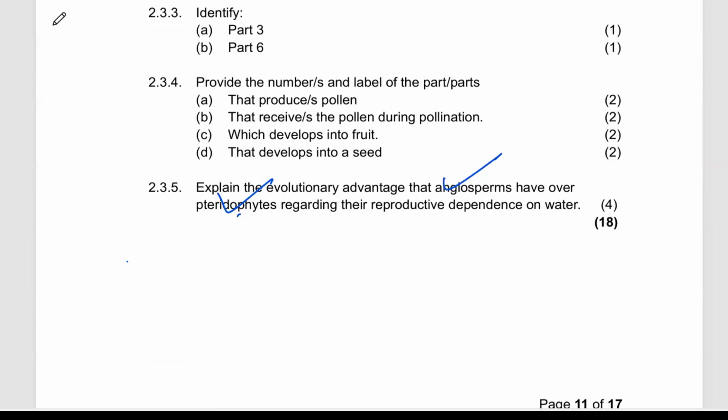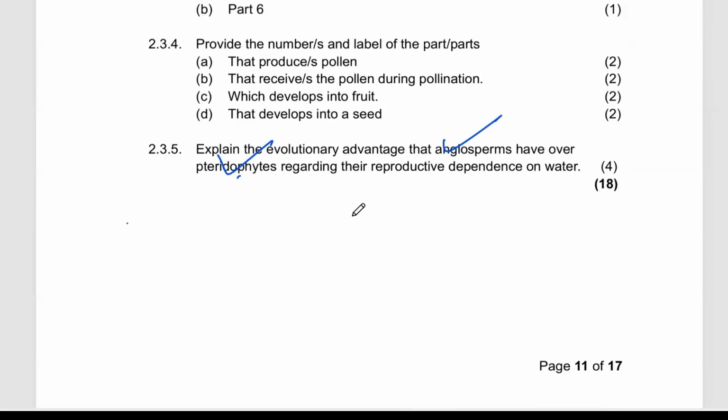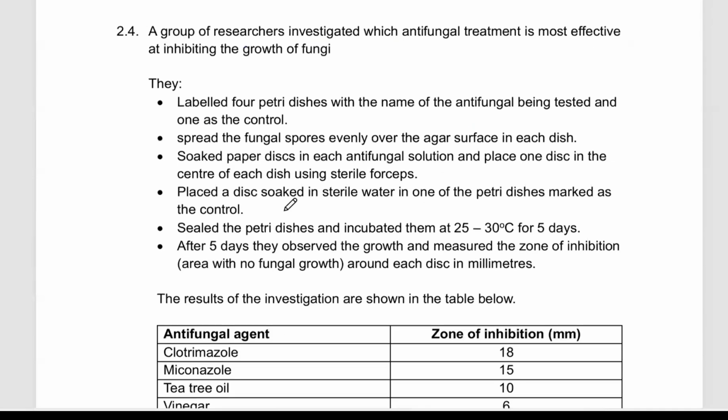So this helps the angiosperms to survive in harsh conditions, which is not the case with the pteridophytes. If you require water to undergo reproduction, and the water is not present, then you can't carry out reproduction. But for the angiosperms, whether the water is there or not, reproduction will take place. So that is a major advantage over the other one.